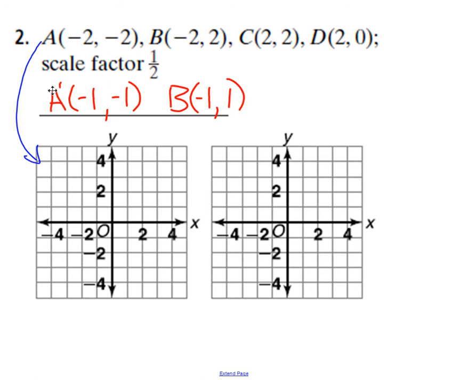All right, so finish that up. Plot both your shapes out. This shouldn't be too hard since none of the numbers are greater than 2. It's just 0. What's 0 divided by anything? 0.